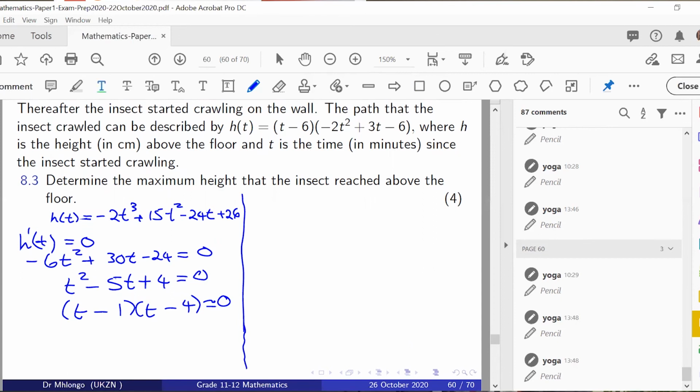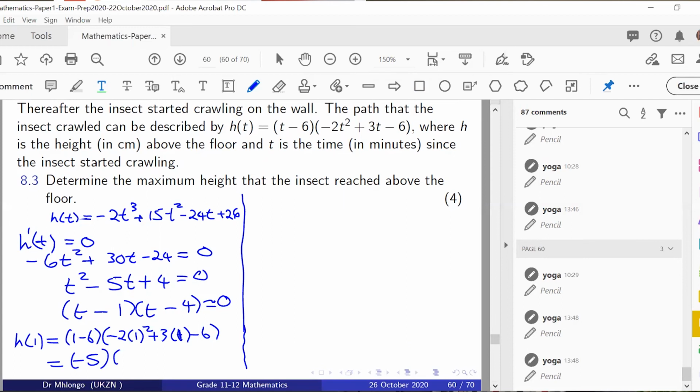The calculated value when t is 1 is h(1), which is (1 minus 6) into (minus 2 times 1 squared plus 3 times 1 minus 6), and that will give us minus 5 into minus 5.